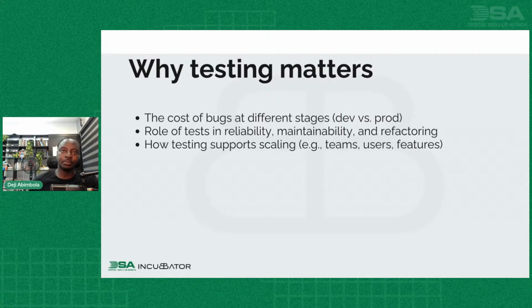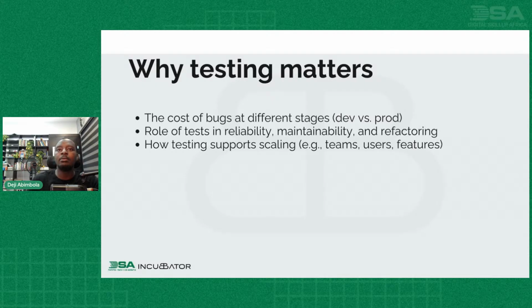So you can also think of testing as part of the quality assurance process that you would undergo as a software developer. So why it matters is that if you have testing in place, you'll be able to catch bugs early enough. And catching bugs early enough reduces the cost of having an error in your production server or in your production environment.